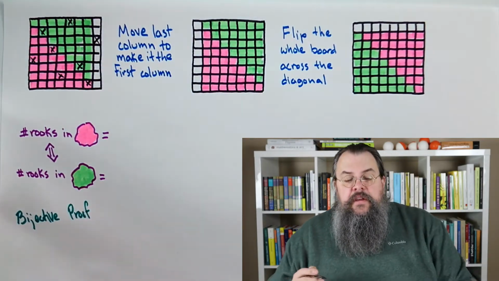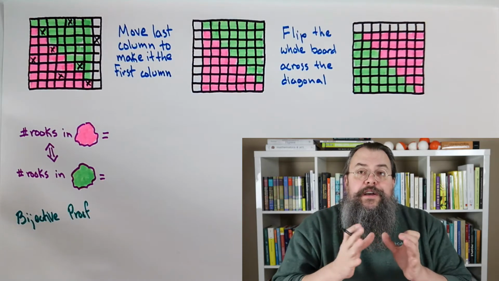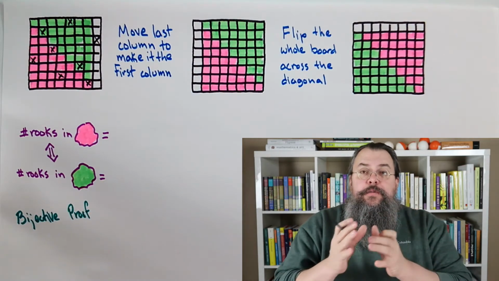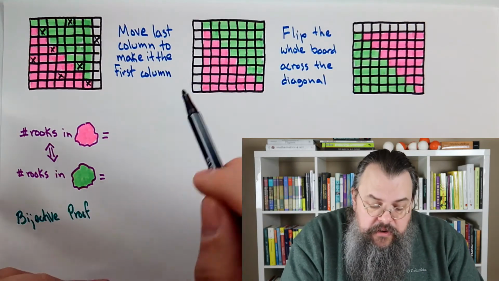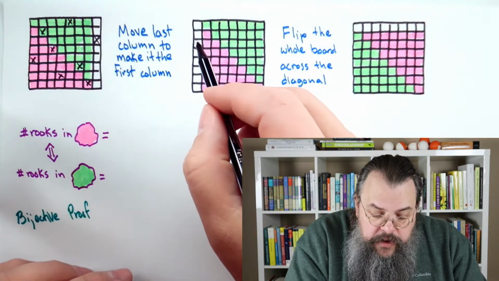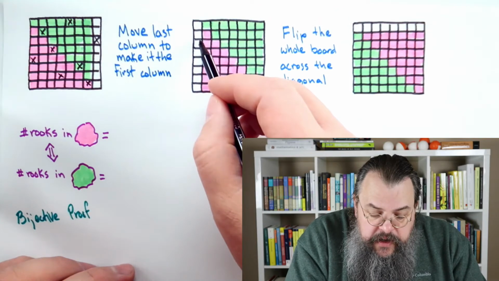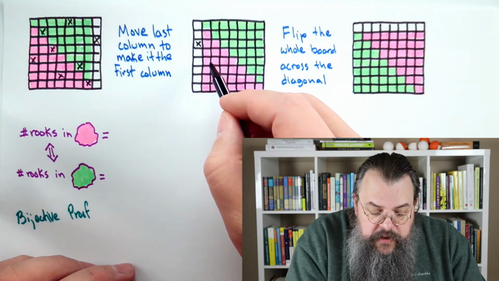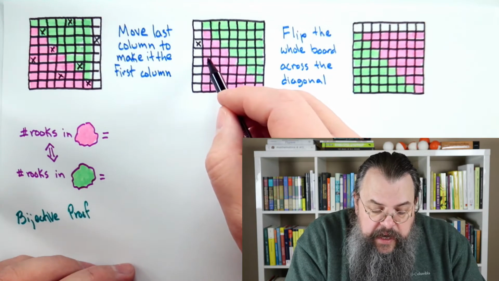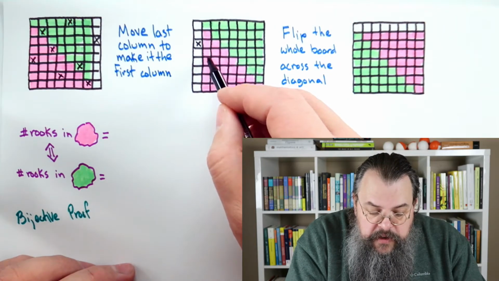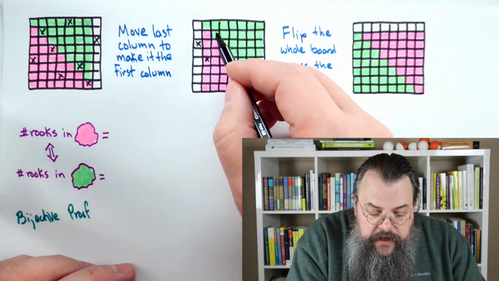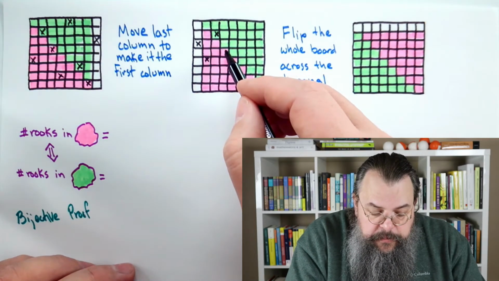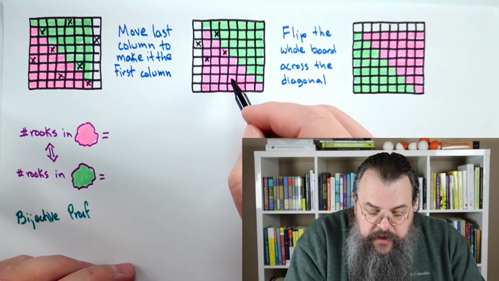So while we're doing our moves on the board, we're going to be doing it with the rooks in place. So what does that tell us? Well, every move that we did is preserving the rook placement. So in particular, if I had a valid rook placement before, I still have a valid rook placement after. No problems at all.